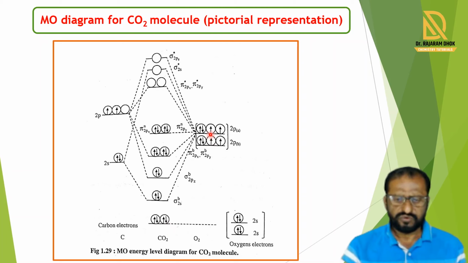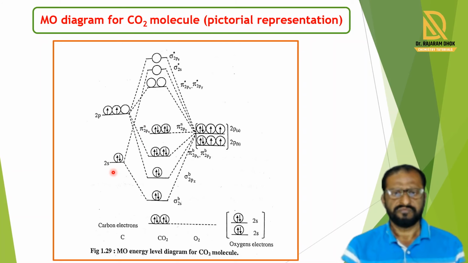Now the 2p atomic orbitals of oxygen and the 2s and 2p atomic orbitals of carbon combine with each other and form bonding molecular orbitals, anti-bonding molecular orbitals and some remain as non-bonding. Now we see how those molecular orbitals form.